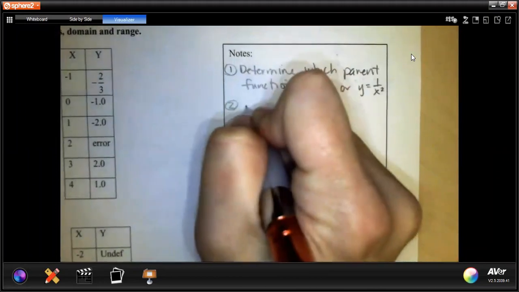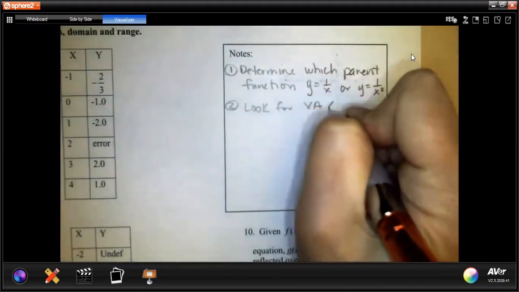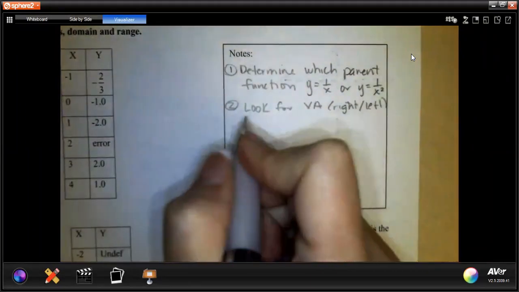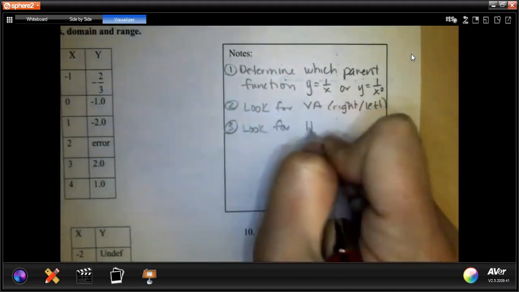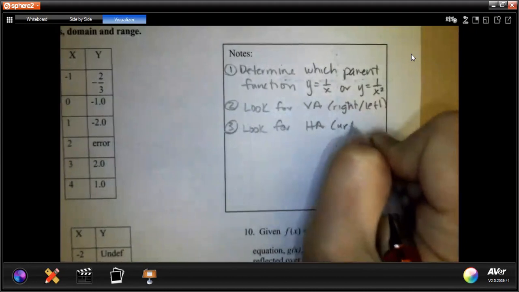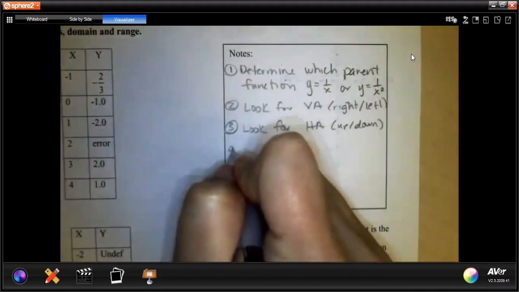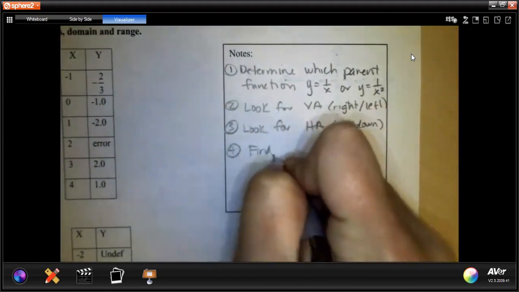Then you want to look at the vertical asymptote. That's going to give you your right or left movement. Then you look for the horizontal. That's going to give you your up or down movement. And then for that a value, you're going to find it by plugging in.